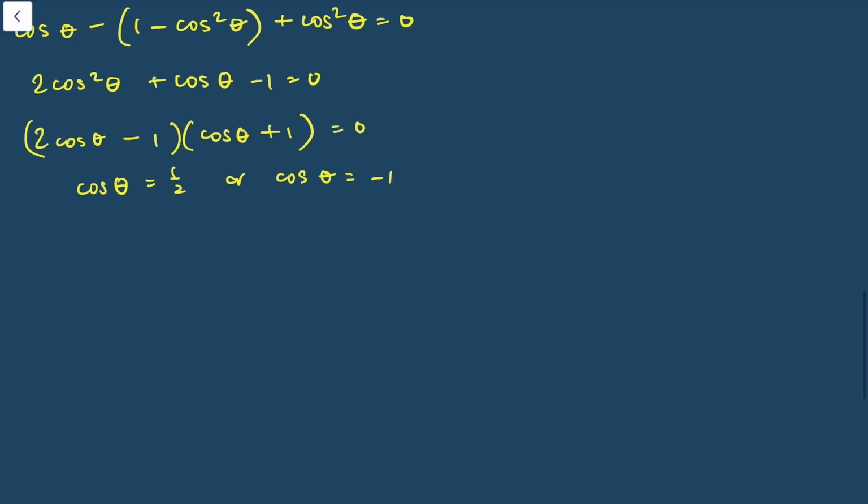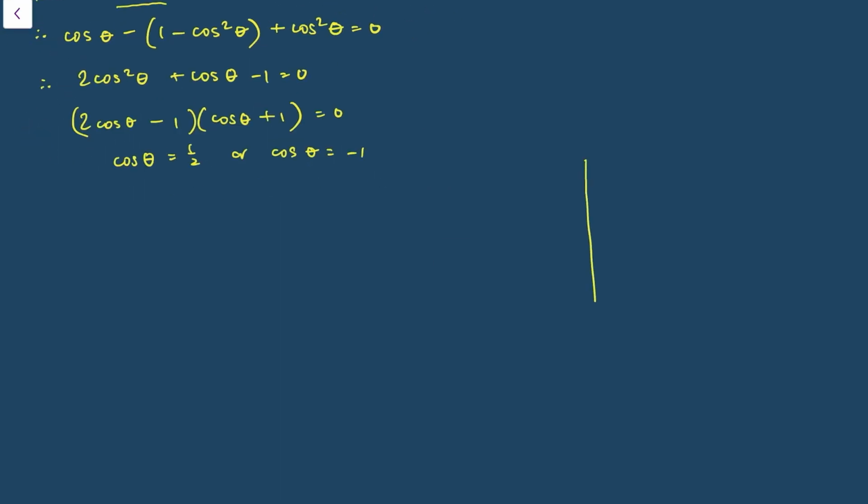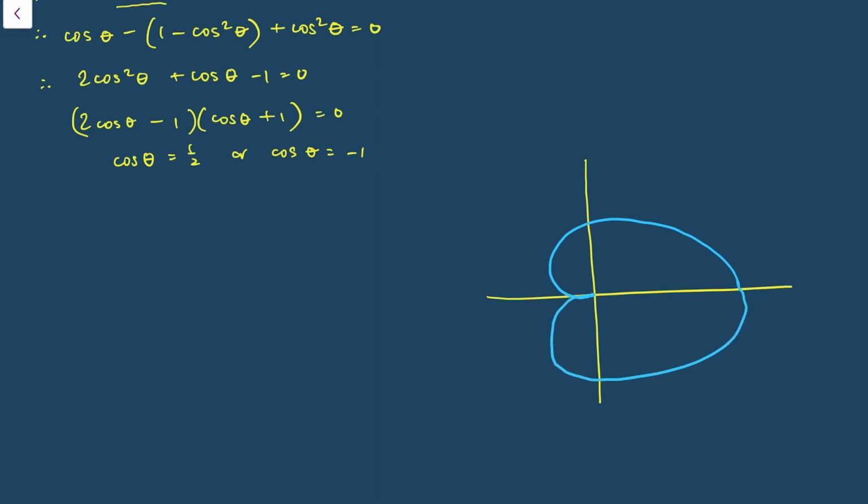Right, so if I sketch this, I'm going to get a cardioid that looks like this. Not a great sketch, but that'll have to do.